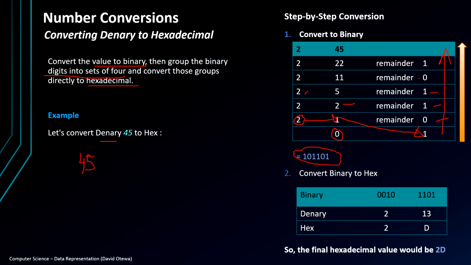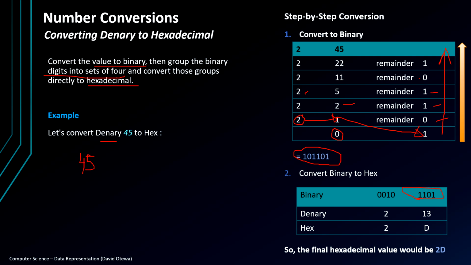But that's not the final answer because we need to now convert this to hexadecimal, okay? So how to then group the binary digits into sets of 4 and convert those groups directly to hexadecimal. So we divide them into groups of 4. Remember, we start from right. Yes, we already got 1101.